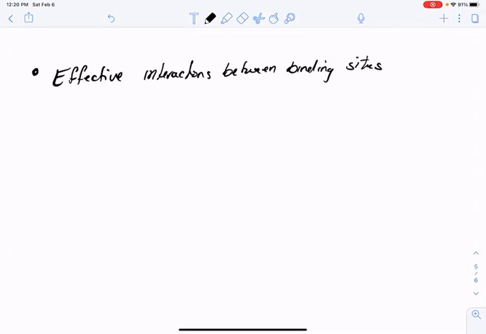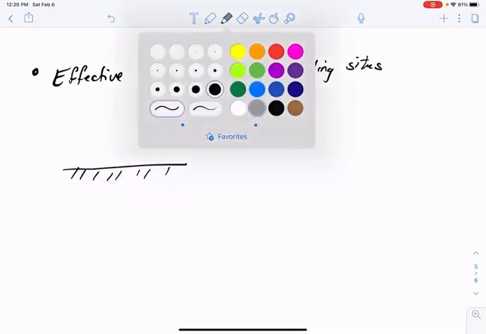Okay, so the picture first that we have in mind. We have some substrate. Let's not color it blue.